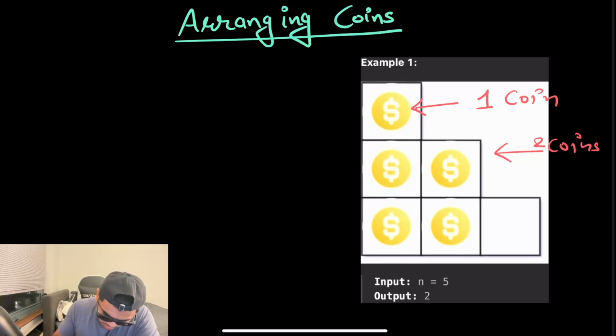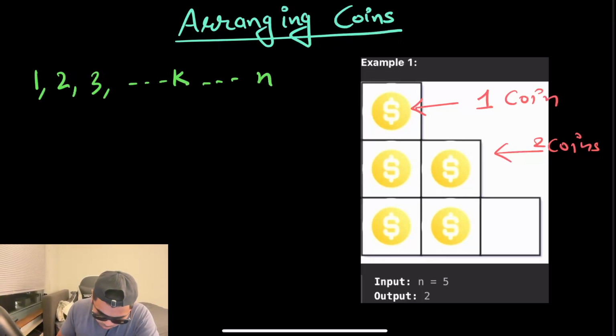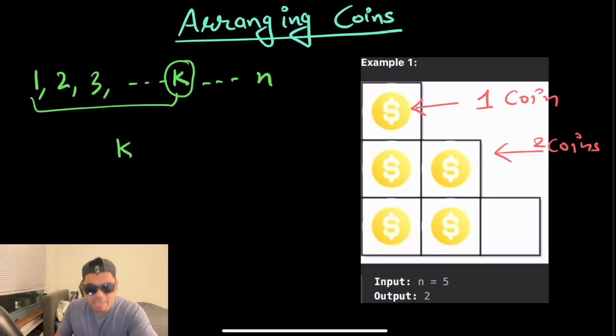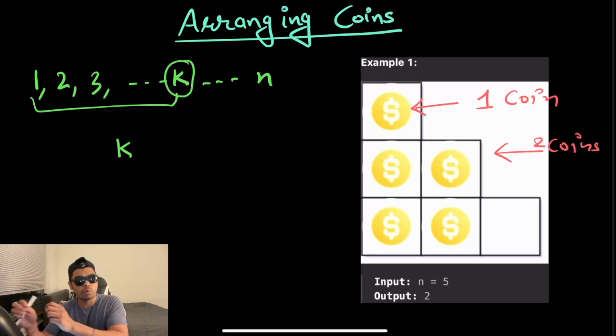Now you have already understood the problem, and it's just that k we are trying to find between 1 and n, where we have built k perfect staircases, and there are some extra coins, but you can't build the next k plus 1 staircase, which will require k plus 1 coins, so we just leave it there.